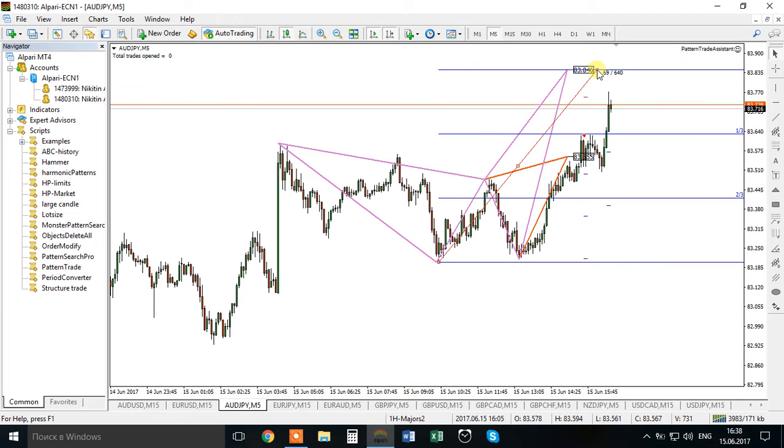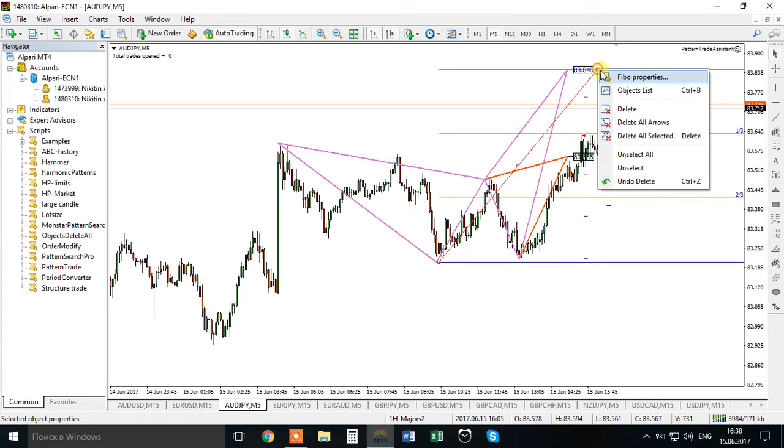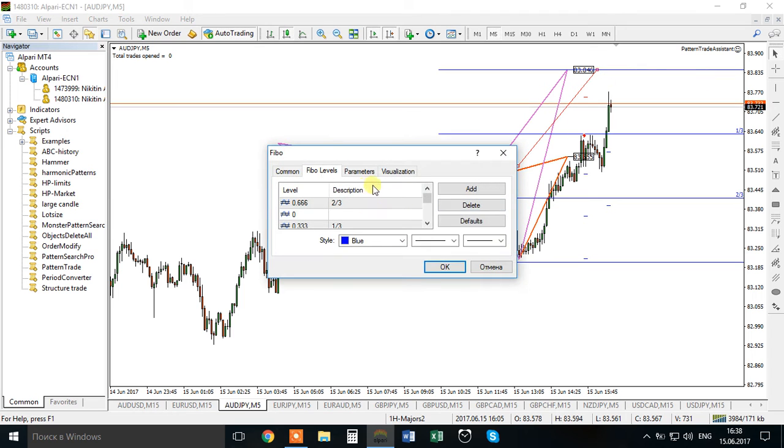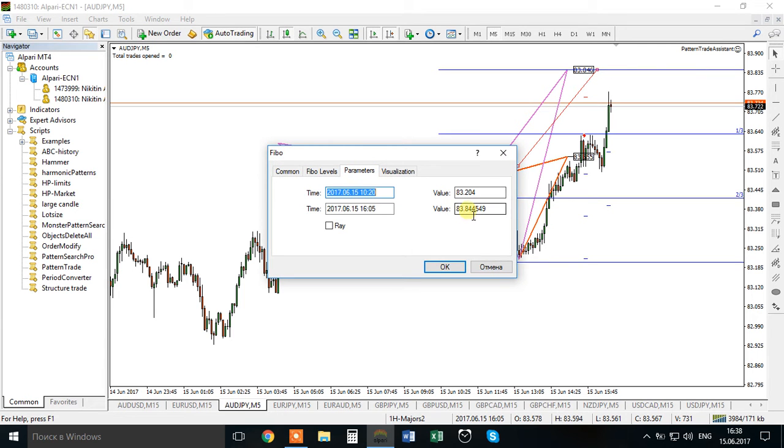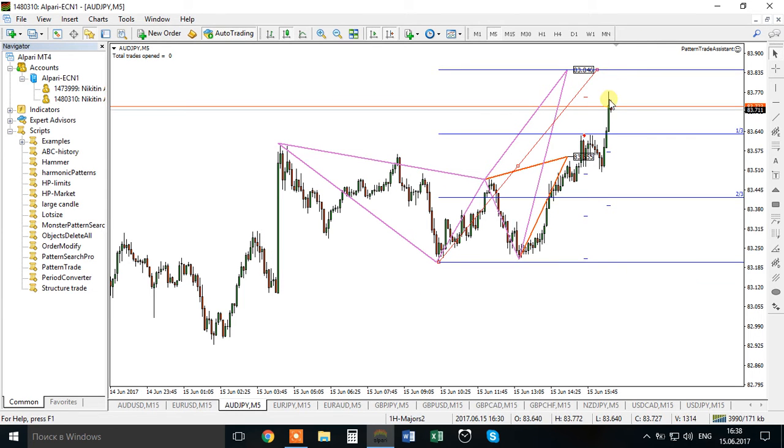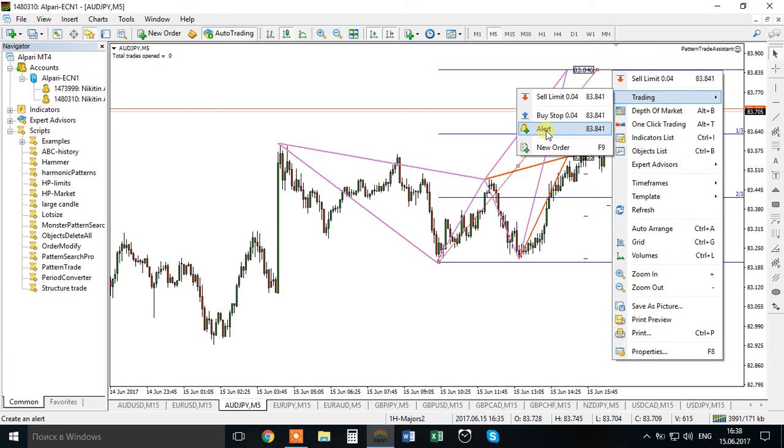I will place my horizontal line here. 83.84.6 is the level. Okay, done. If price hits this level, I will be notified with this alert.